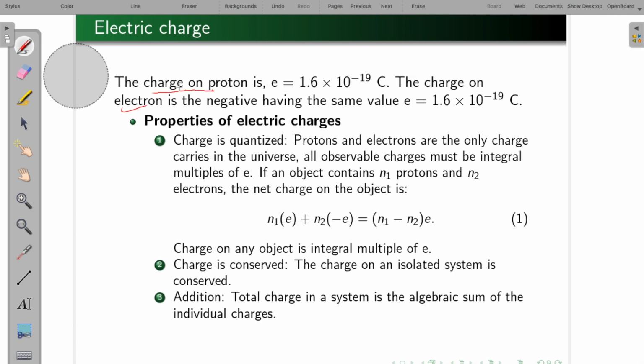The intrinsic property of electron and proton is the same. It is found that the charge on the proton is given by 1.6 into 10 to the power minus 19 coulomb.